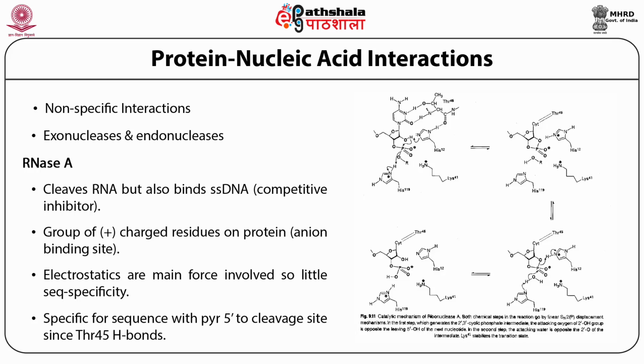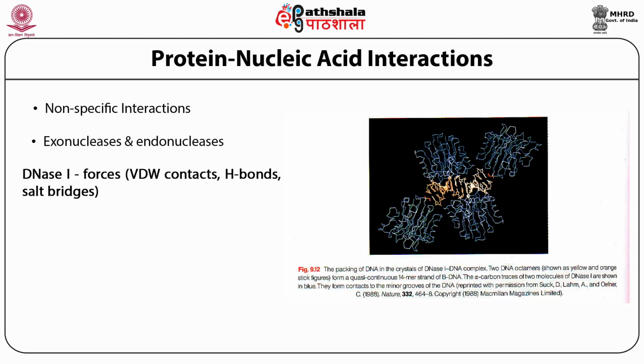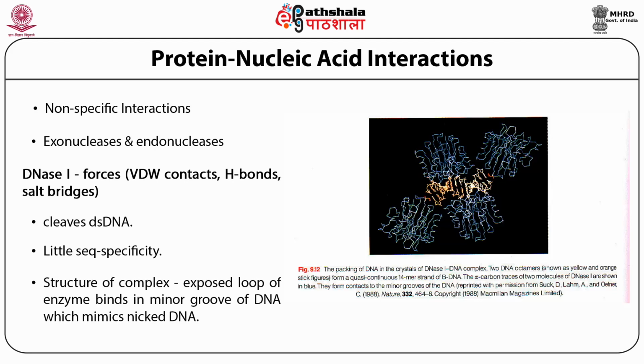That means that hydrogen bonding will be the major contributor to this kind of protein nucleic acid interaction. Again, non-specific interactions: exonucleases, endonucleases, DNase forces, little sequence specificity. In the structure of the complex, an exposed loop of the enzyme binds at the minor groove of DNA, which mimics naked DNA.